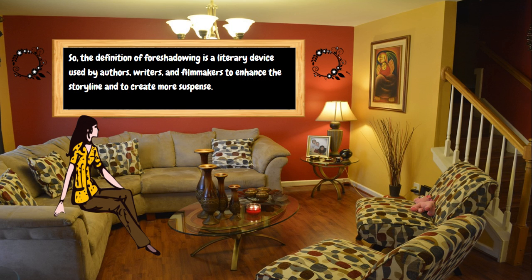So, the definition of foreshadowing is a literary device used by authors, writers, and filmmakers to enhance the storyline and to create more suspense or a more suspenseful reading experience.